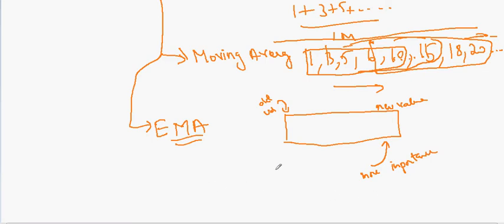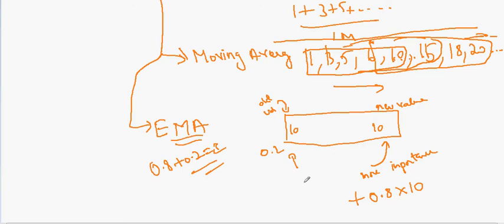It's like new values are given 0.8 as the weight. If I have a 10 here, it will be multiplied by 0.8, plus if I have a 10 here, then it will be multiplied by 0.2. So 0.8 plus 0.2 is equal to 1.